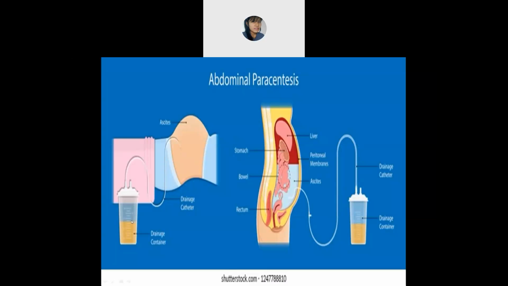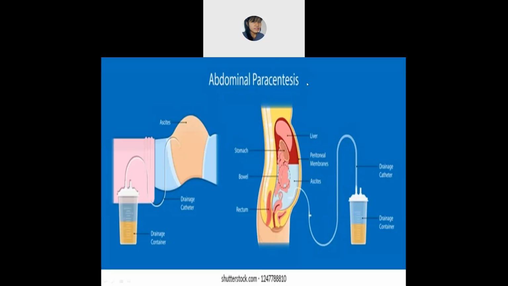This is the drainage container. Did you understand? This is usually done in the lying down position. Okay, is it clear to everyone about ascites?